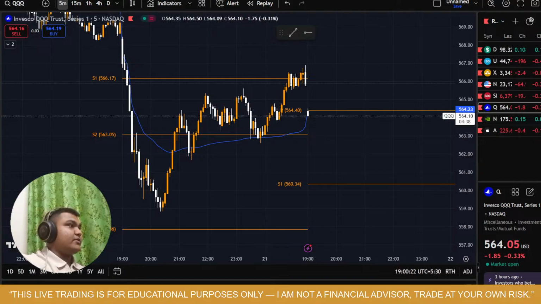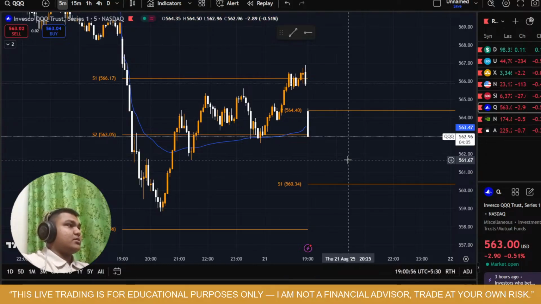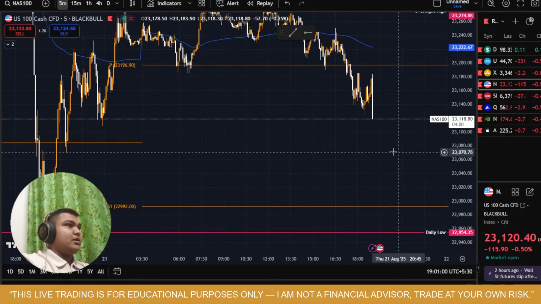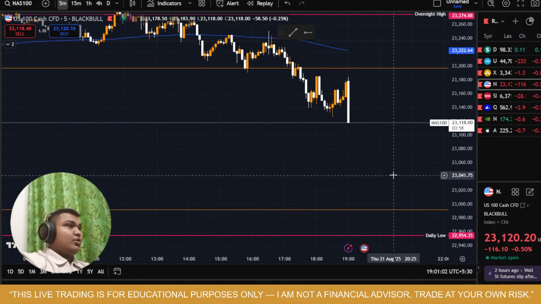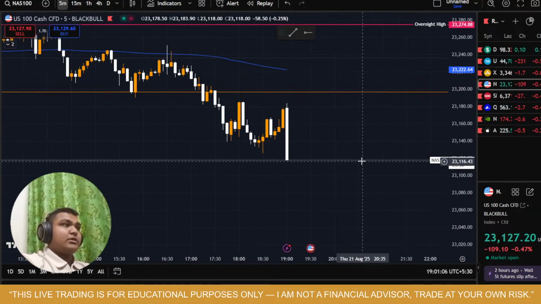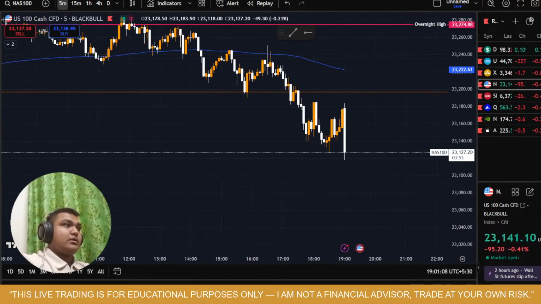How to trade after that. Okay. At the previous resistance, or we can say the level where it started dumping. Now, will it break it or not? $1 million question.